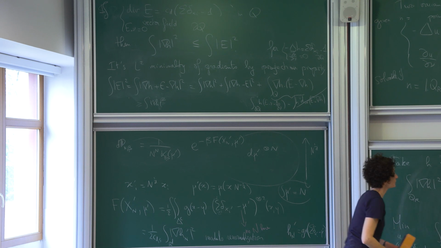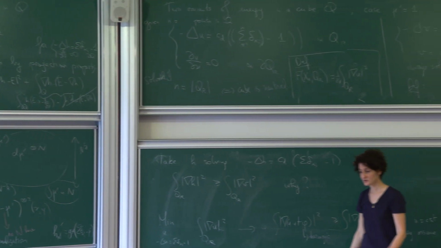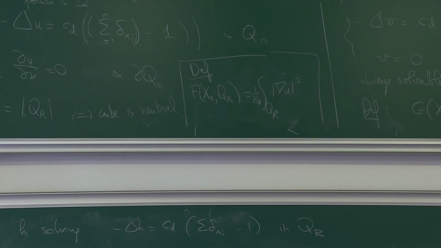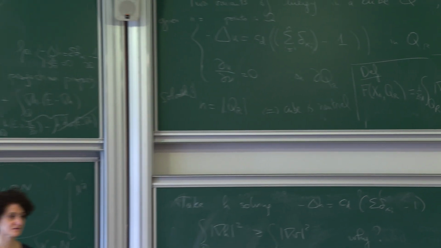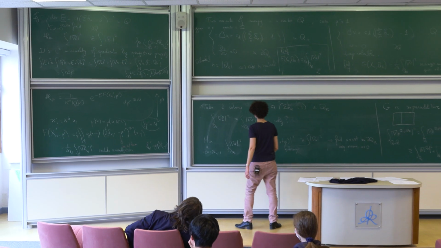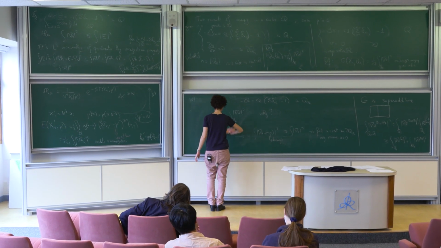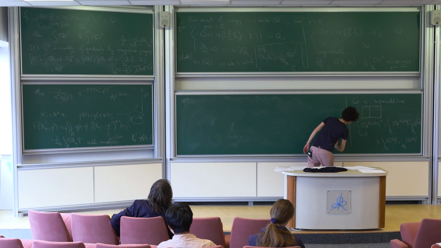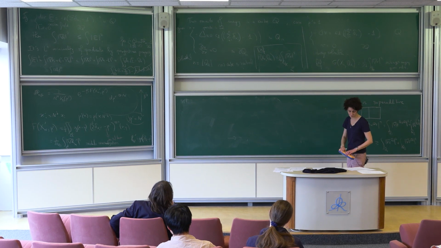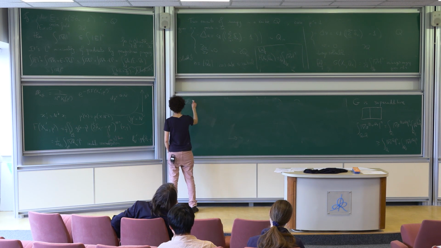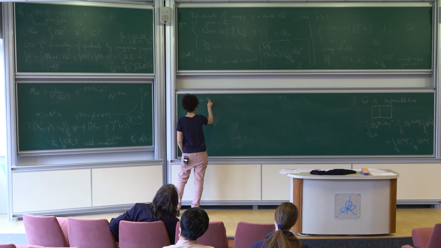Okay, so if you want to compute this energy, you can get an estimate from above this time in terms of the energy of any vector field that has the correct divergence. So basically you can relax the condition to be a gradient. You get more flexibility. And this way you show that F is subadditive.